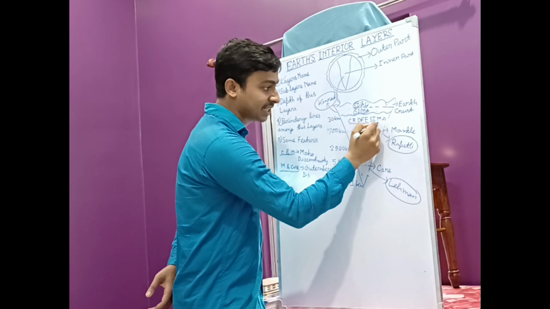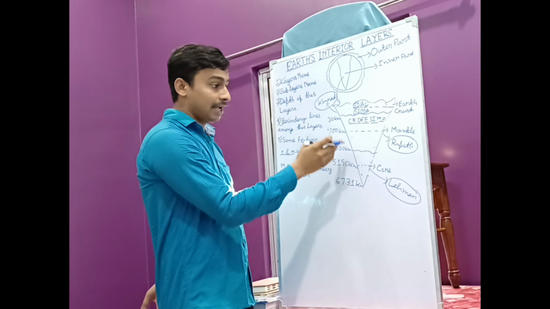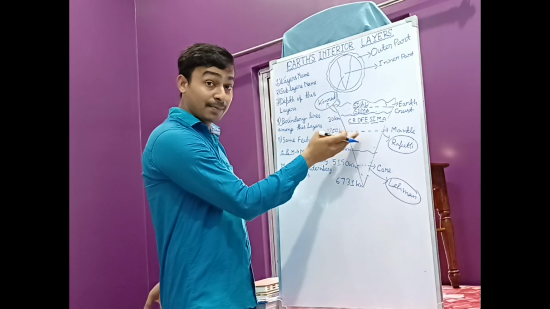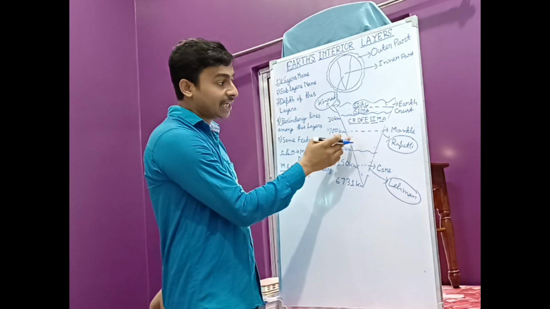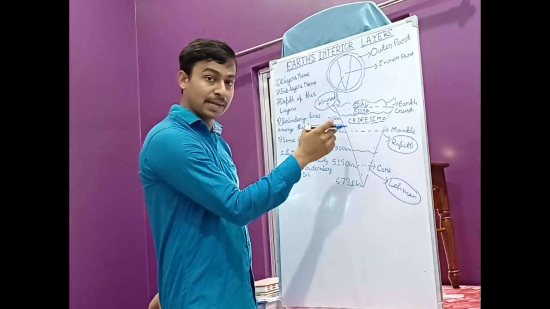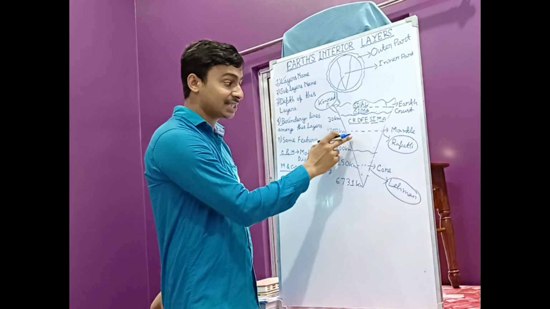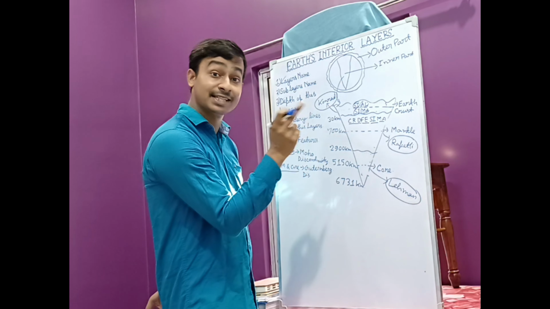Chromium, ferrous, silica, magnesium. Next, inner mantle is composed of nickel, ferrous, silica, magnesium. So this layer's name is Nifesima.